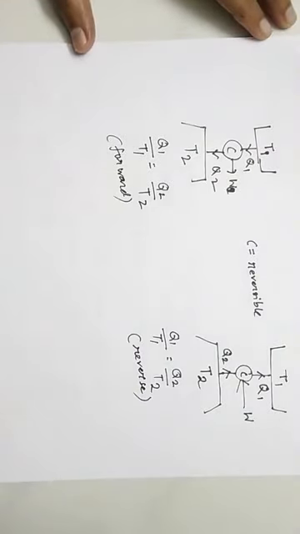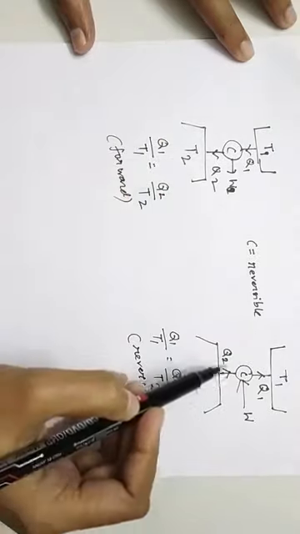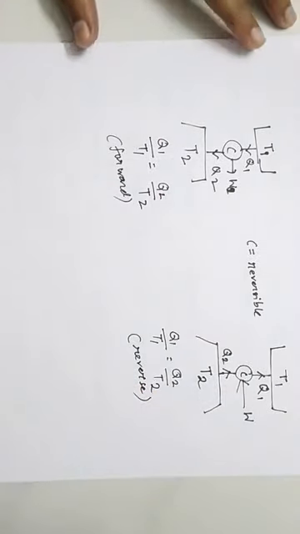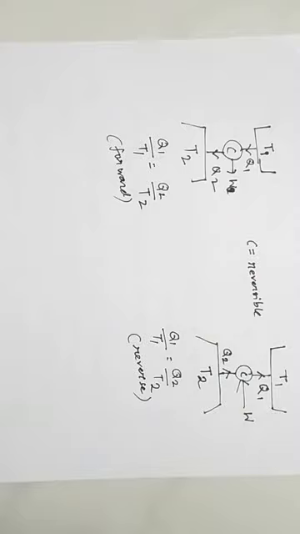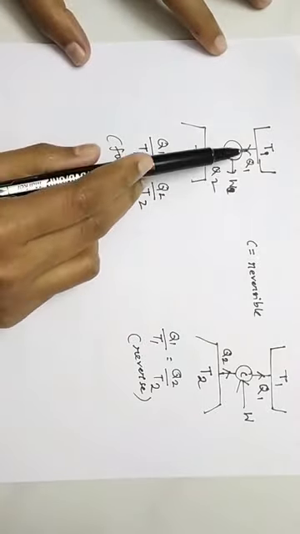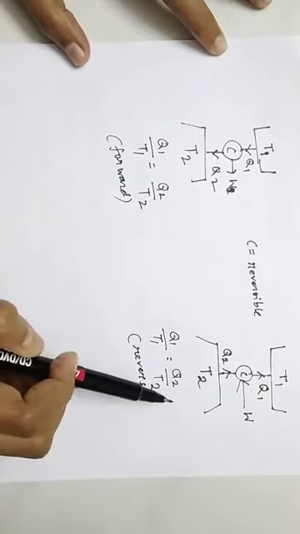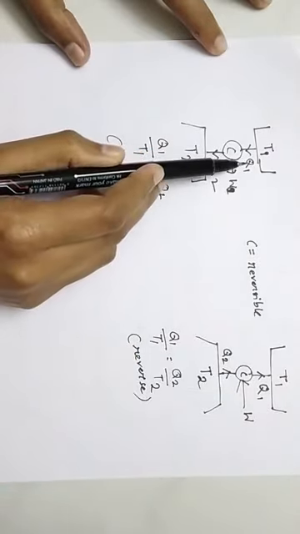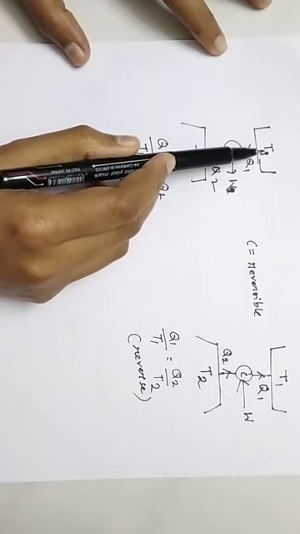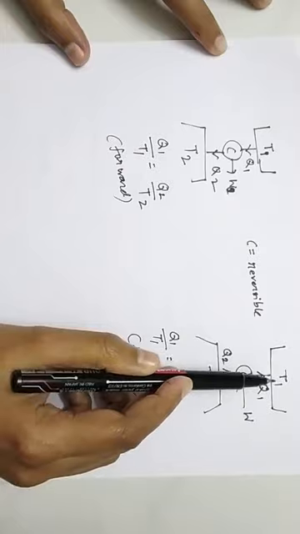Here is the direction of the heat flow, and here is the direction of the heat flow. Here Q1 amount of heat is absorbed at temperature T1, and here Q1 amount of heat is rejected at T1.